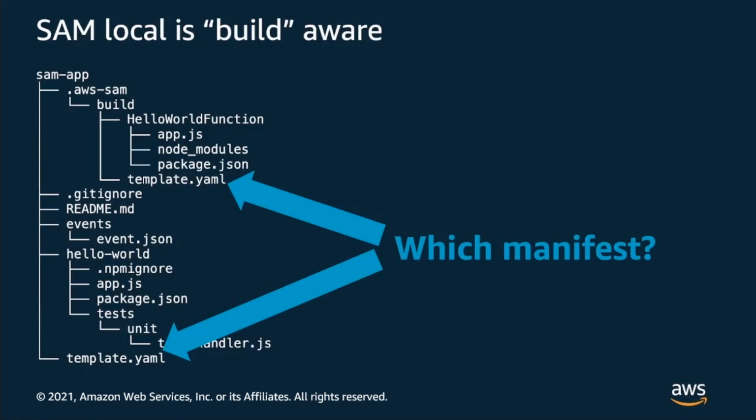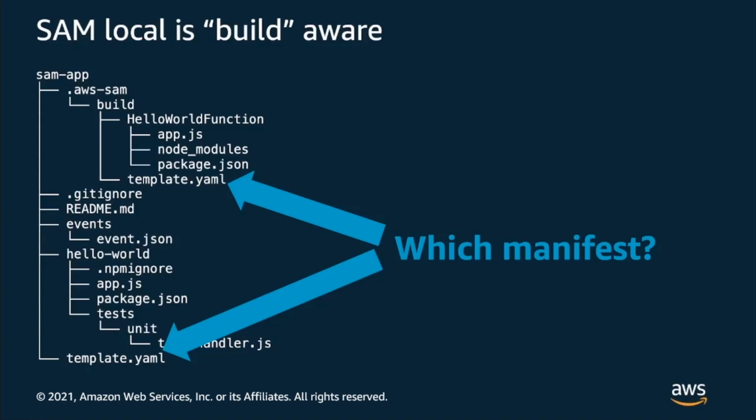Now, one thing I'll explain on build, as we've been talking about, or on local, is it's build aware. So what that means is when I do a SAM build, it creates all the artifacts and stores them in a .aws-sam folder under build. And everything I need is there to deploy. And that's where the Lambda function will be deployed from if you do SAM deploy.